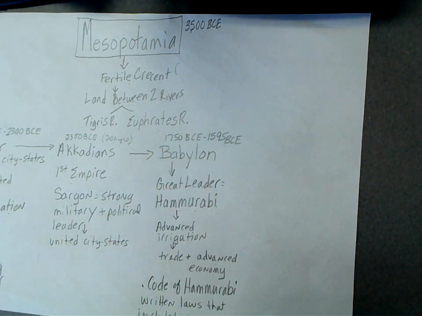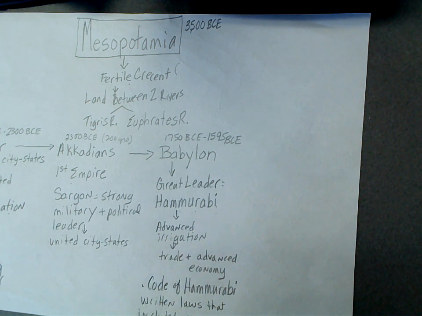We could get into more detail about who took over and why and how they collapsed, but given that I can't talk to you and we can't have dialogue, we're going to move quickly through this. But Chapter 3 does have quite a bit about this. If you're interested in learning more, you can read more in Chapter 3, Section 2. And for your assignment coming up you will be doing a little bit more of that.